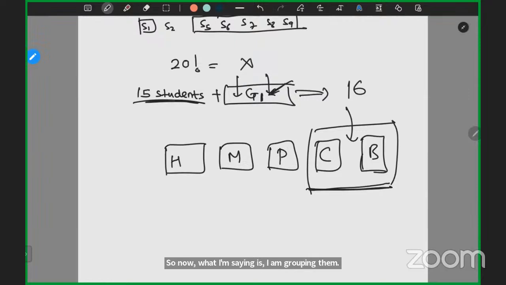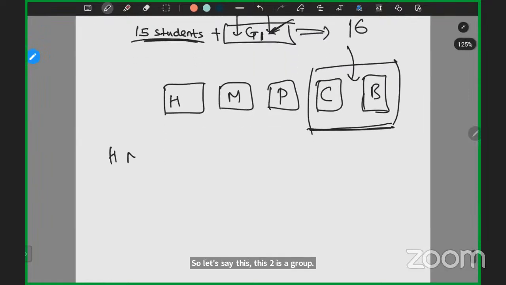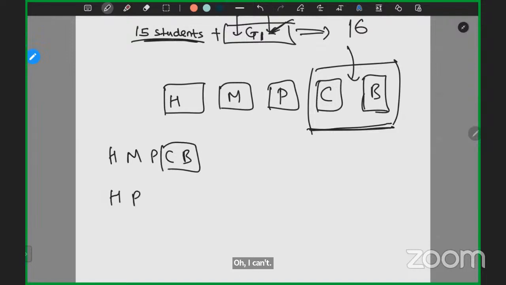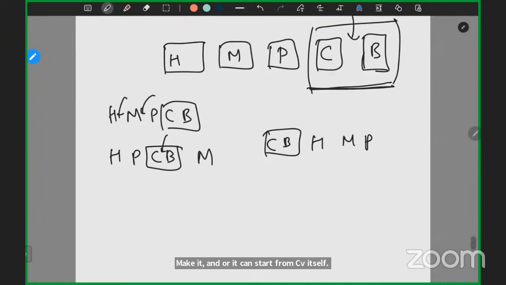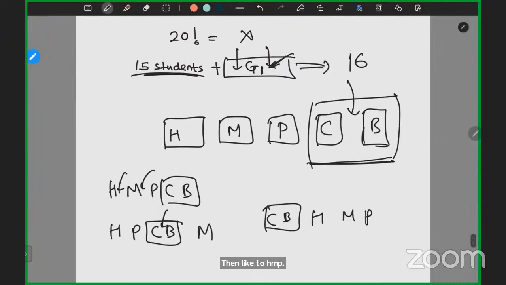The only ways to arrange them are HMPCB, or HPCBM, with the group kept together. But here I can, it can start from CB itself, then go HMP, or something. So all this is possible.